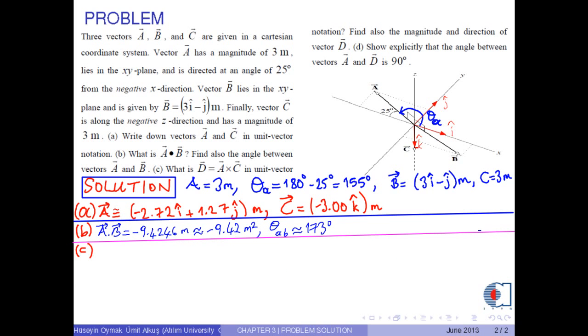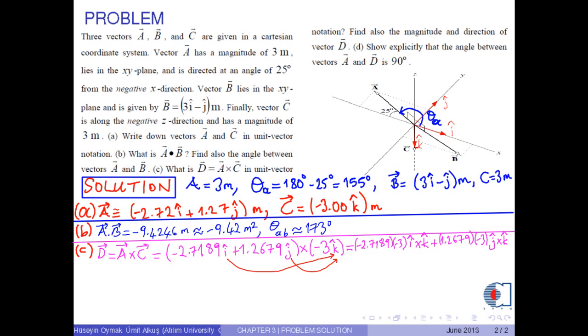Let's solve part C. Vector D is given by A cross C. If we put the corresponding values into this equation, we get. From the property of distribution, we get.